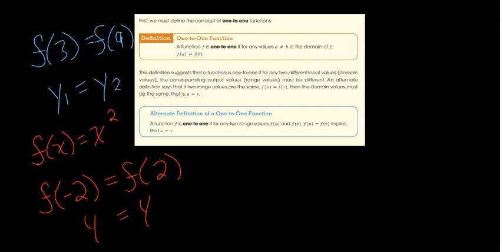It's saying that if we have two separate values of x, and we plug them in and get the same y value, then those two x values are not different. They have the same value. But the raw definition up here, I think, is better, as well as my beautiful example over here. So that's what a one-to-one function is.